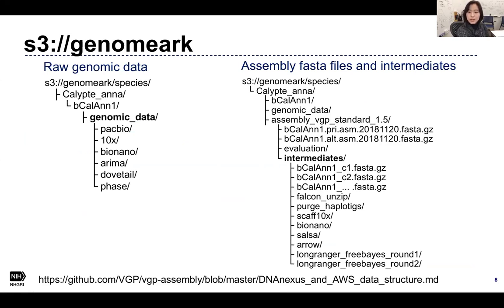So it will automatically follow all the data structure generated in the DNAnexus project. As you can see, under intermediates, I highlighted it in bold because this is the most important directory that most of you will be uploading into. There will be essentially one directory per tool, and there will be one FASTA file generated from each tool.